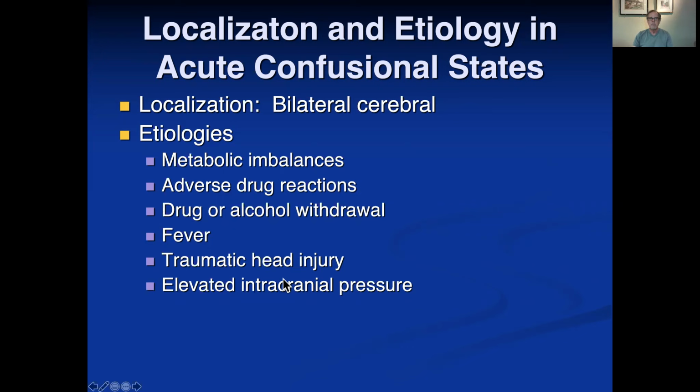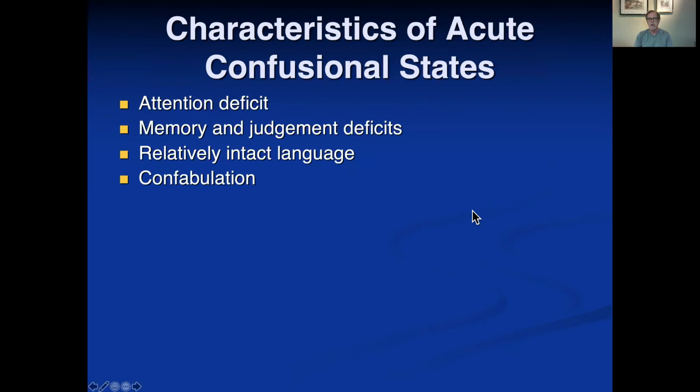All of these are traumatic brain injury, and all the others are at least somewhat, if not completely, reversible. Probably the least reversible is traumatic head injury. But something like elevated intracranial pressure, if it's corrected soon enough, there may be no permanent brain injury at all, and their acute confusional state gets better. Or if the metabolic imbalance is corrected, they get better.